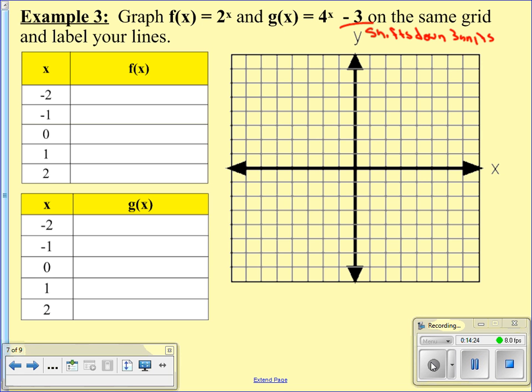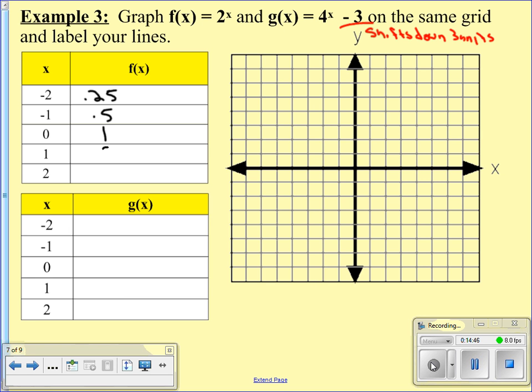So to fill in the table, second graph, so I bring up the table for f of x, -2 is at 0.25 or 1/4. -1 is at 0.5 or 1/2. 0 is at 1. Remember, anything to a 0 power gives you 1.